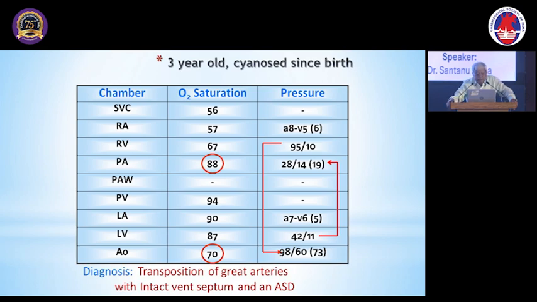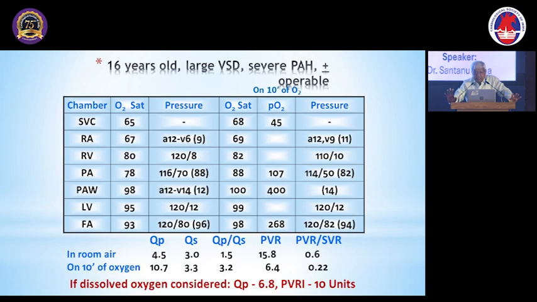This one. First see the oximetry. Yes? TGA. Be a little more specific. TGA is part of the answer. Good. Why do you say it's TGA? Give him a mic, man. So pulmonary saturation is more than aortic saturation.